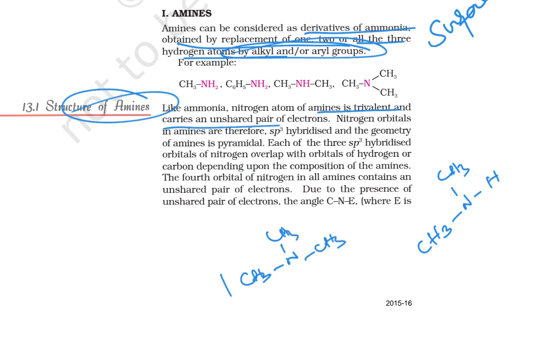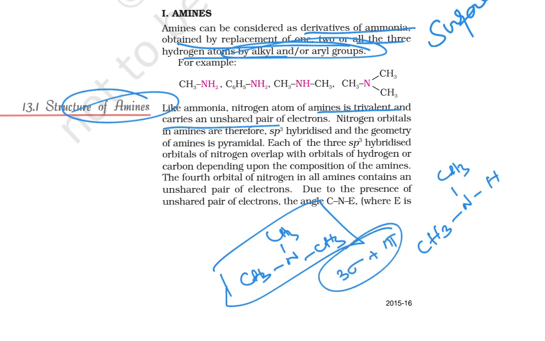Look here, there is a presence of 3 sigma bonds, right, plus a lone pair. So what is the hybridization? It is sp3. So what is the structure it is going to be? It is going to be trigonal pyramidal. So what would be the bond angle? The bond angle is inversely proportional to the lone pair.